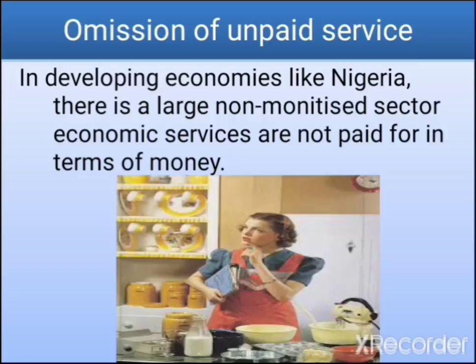So there's another limitation with the output approach, because it does not capture unpaid services. It does not capture items that are being consumed in the production process, and also there's a probability of double counting. What has been counted in one industry can be counted in another industry. So that is some of the limitations of the output approach.